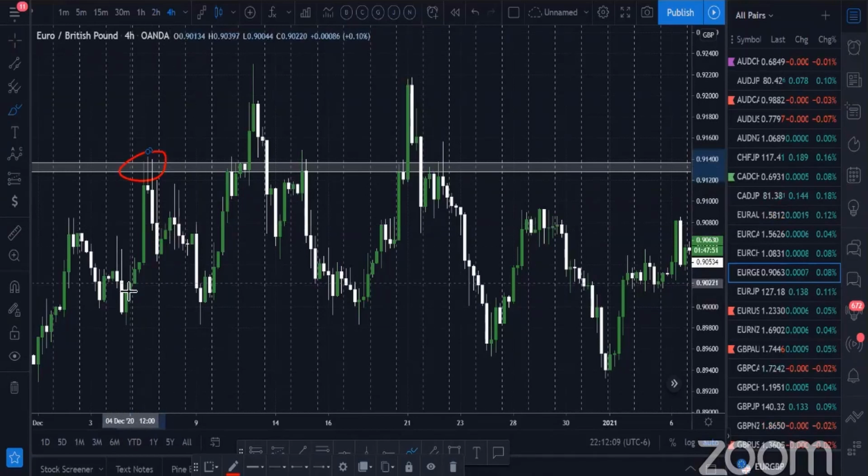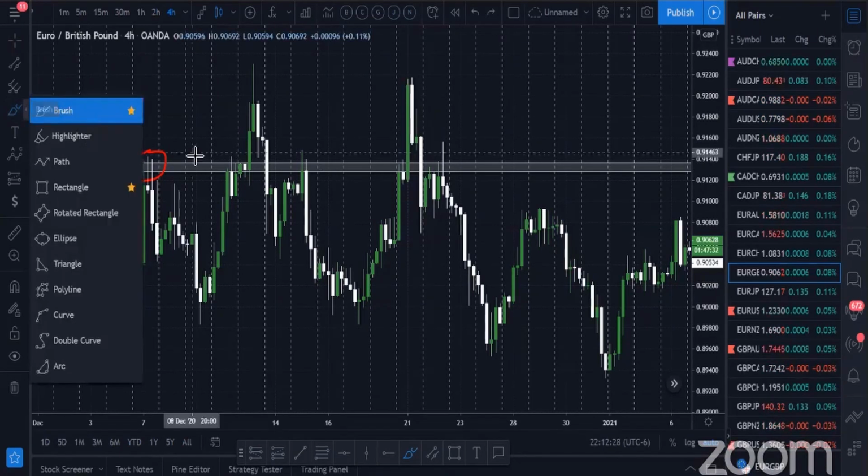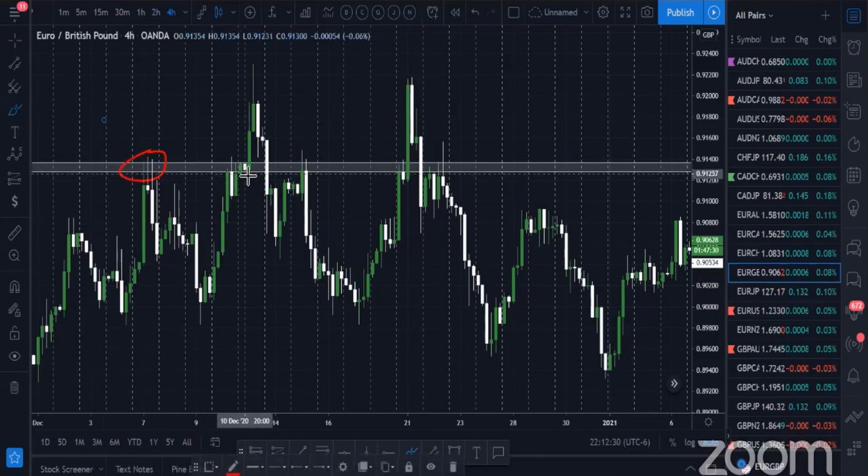The second thing that I like to see is that price has made a strong move towards that area and then rejected off of that area. The other thing is when a zone is actually broken, I like to see a strong candle break it. So you see here, that was a strong candle.